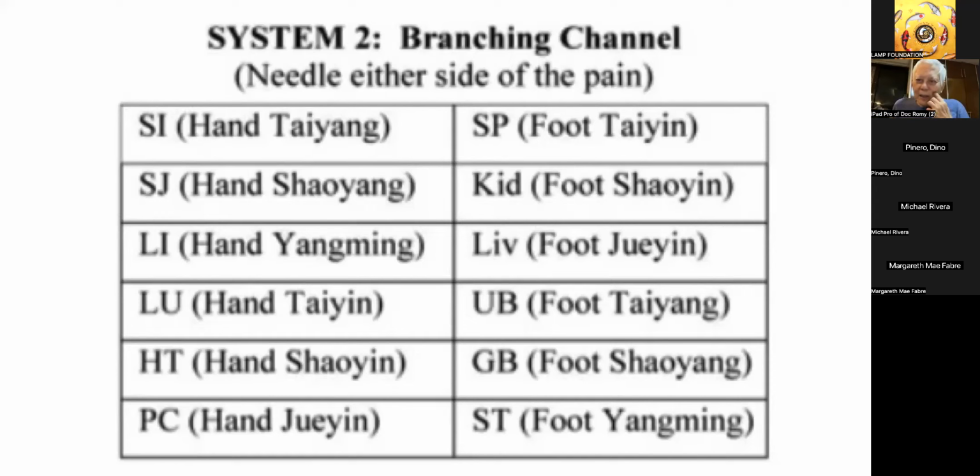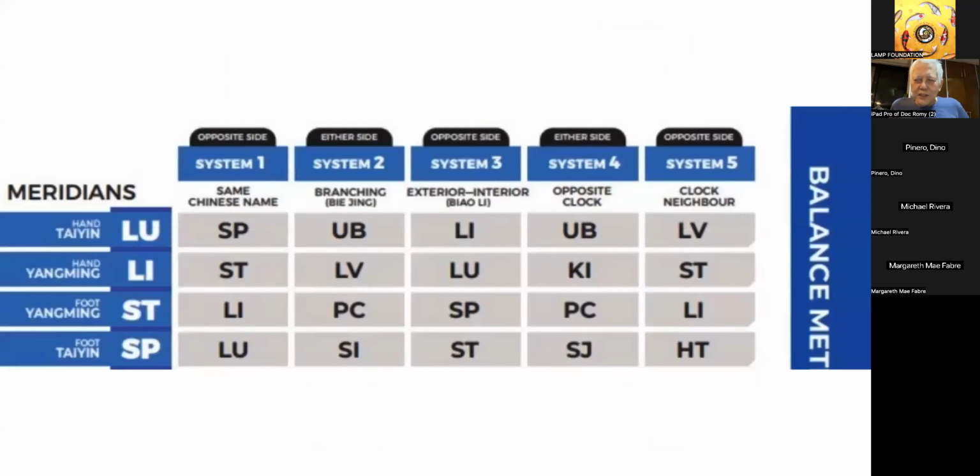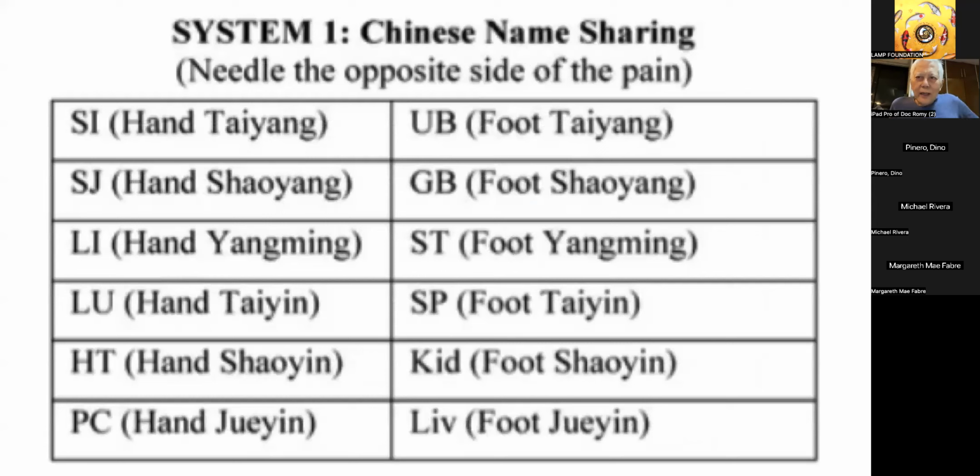SI and stomach. So, kung yun ang ating meridian na may diperensya, anong balancing meridian ng SI at stomach? Sa system 1 muna. SI, urinary bladder. Tama.